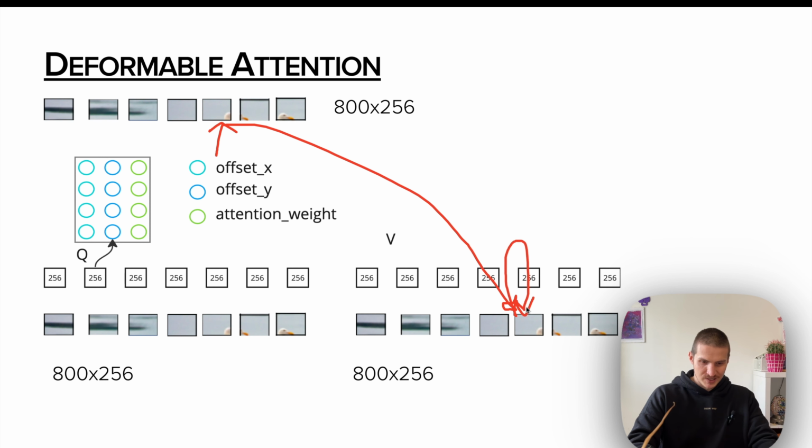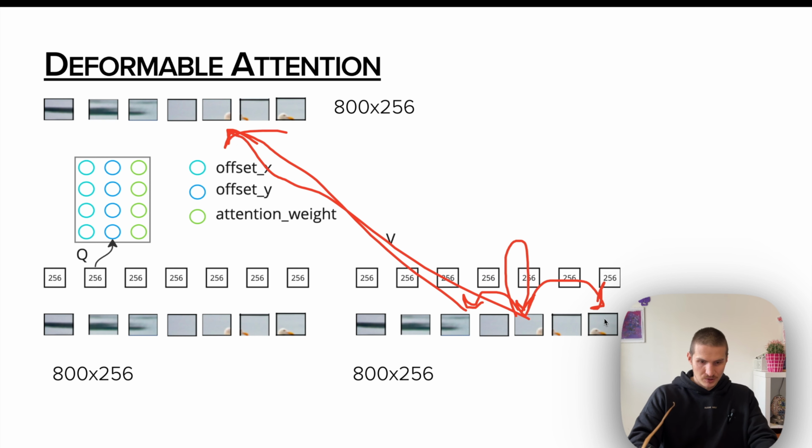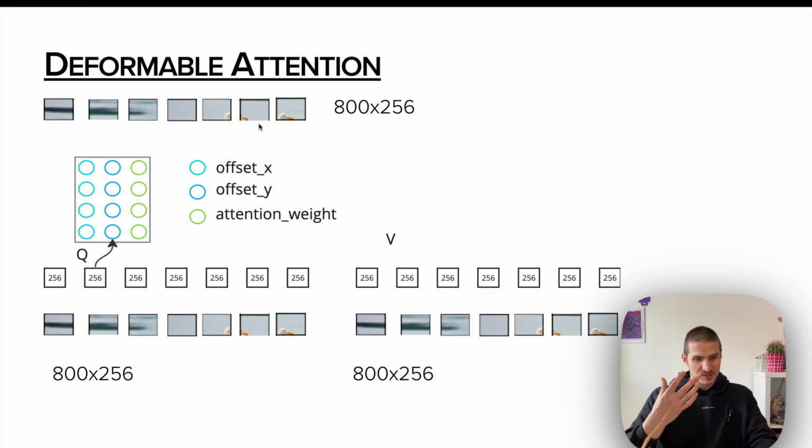Maybe one offset will say that we need to focus on ourselves. One will look at a couple of pixels around the current reference point. And when we use these 4 attention weights to get the weighted average, we sum them up to get this one output sequence element.